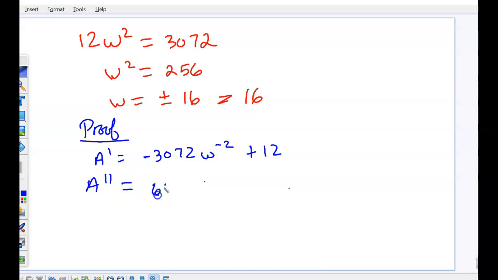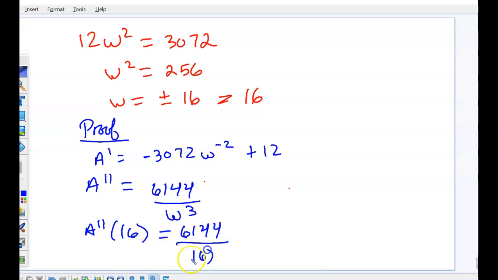So that's going to be positive 6144W to the minus 3, which is really over W cubed. And if I evaluate this at 16, we can clearly see that I end up getting a positive value. So therefore my graph is concave up and my critical number is going to be a minimum.